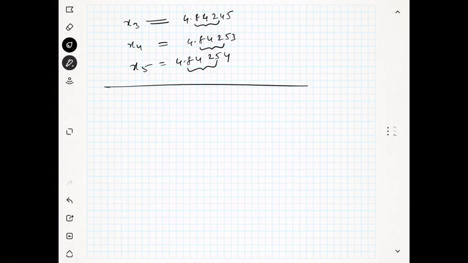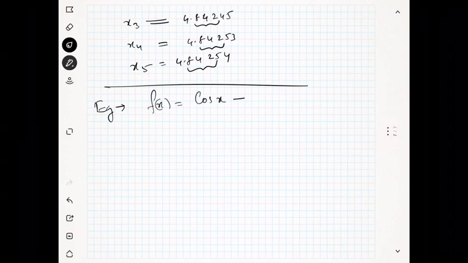Now let us consider another example. F of x is equal to cosine of x minus 3x plus 5. Okay, so we will be finding the x. So instead of finding the cosine inverse, you can find the x from this equation in two different ways.